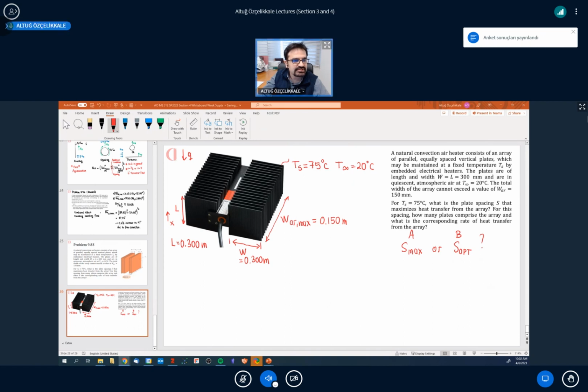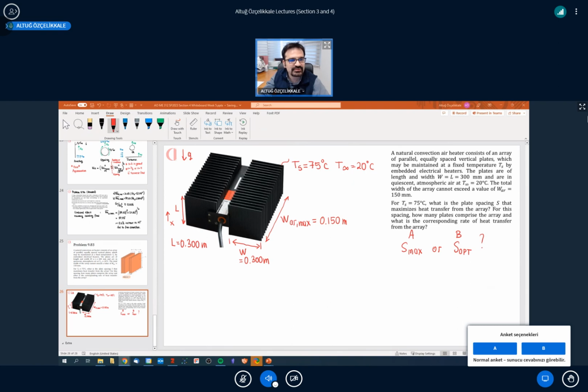I forgot to publish the last poll. I already published it. So let's hear from you guys. What do you think? What are we being asked? Is this the maximum S parameter we discussed, or is this the optimal spacing parameter S optimal that we discussed?